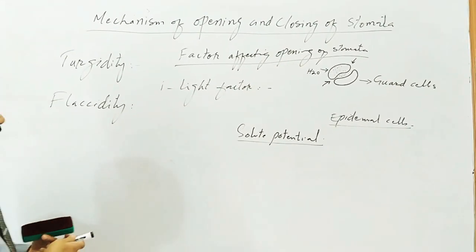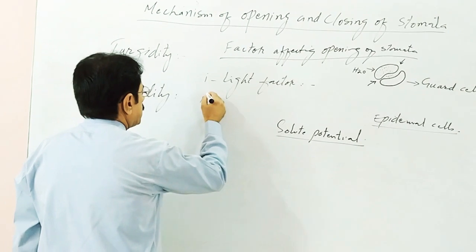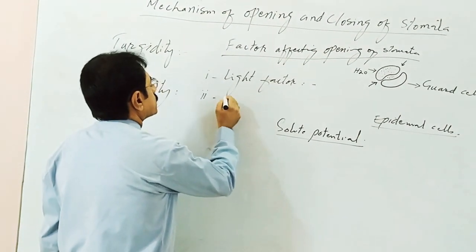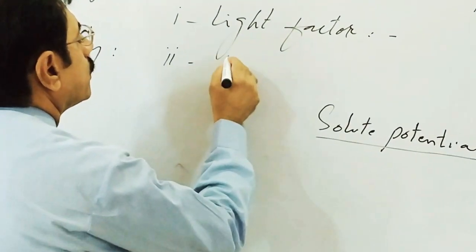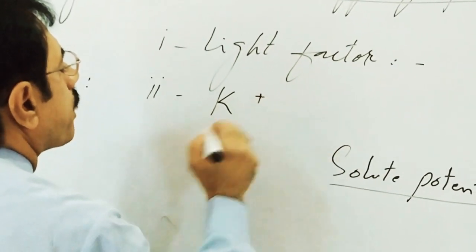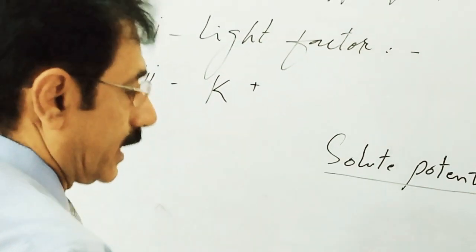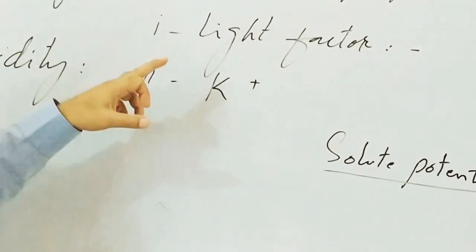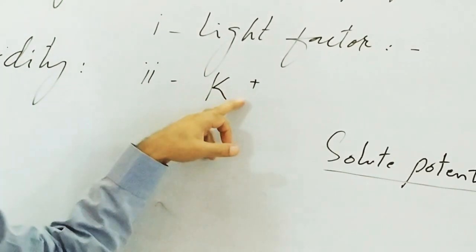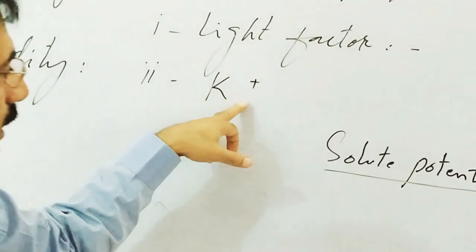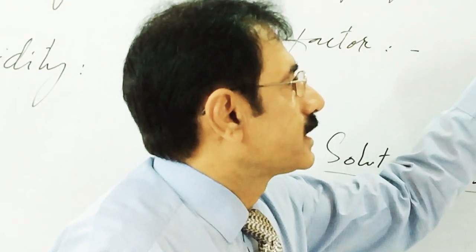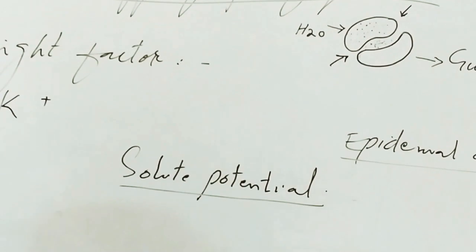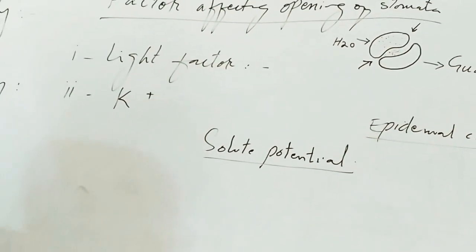Another factor that is involved to increase the turgor pressure is the potassium ions. Potassium ions also result in the opening of the stomata pores, because we know during the daytime the guard cells actively take potassium ions from the neighboring cells.